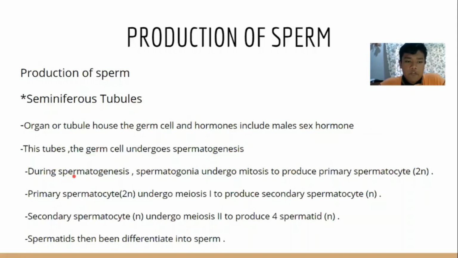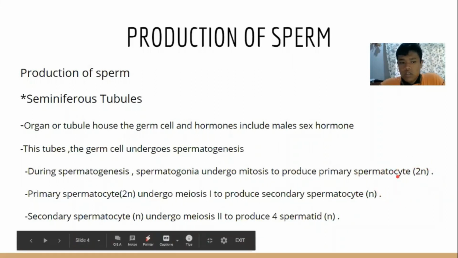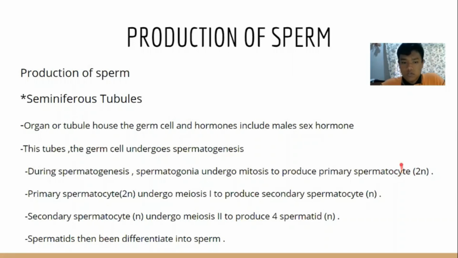During spermatogenesis, a pack of cells in the seminiferous tubule, known as spermatogonia, undergoes mitosis to produce daughter cells similar to the parent, known as primary spermatocytes, which contain 2N chromosomes.